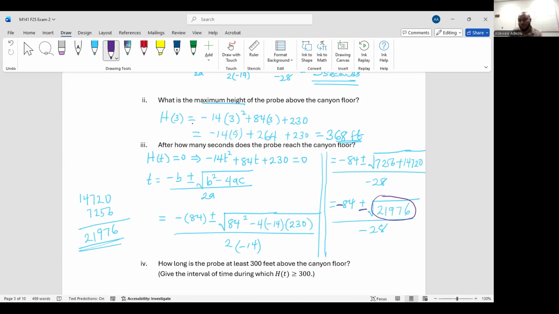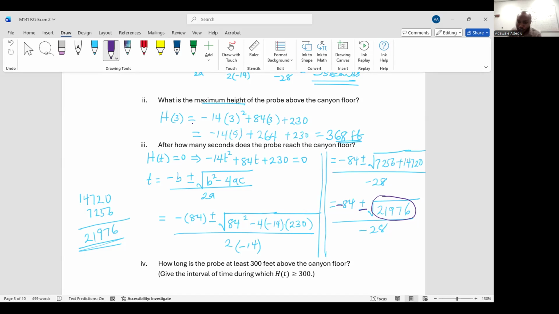Now, if I also think about the square root of 21,976, is it going to be more than 84? The answer is yes, because 84 times 84 that we did the other time is 7056.